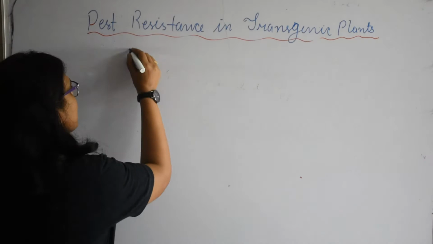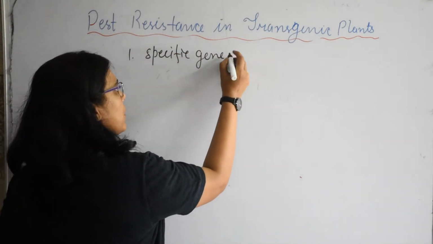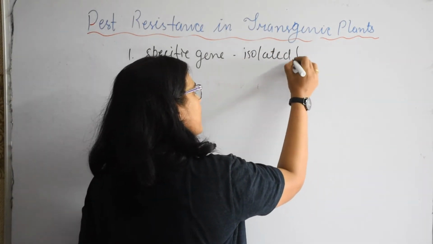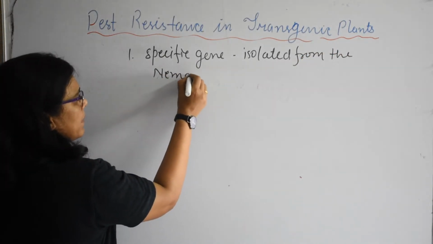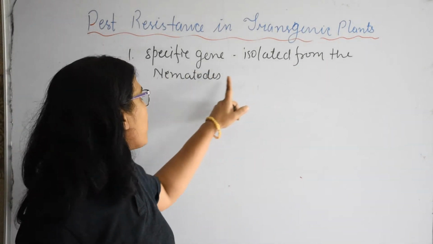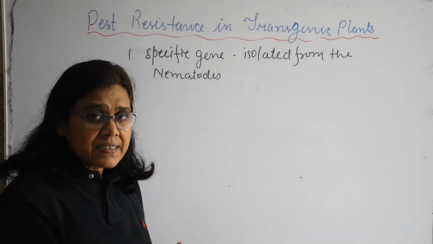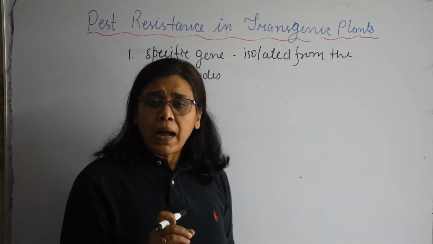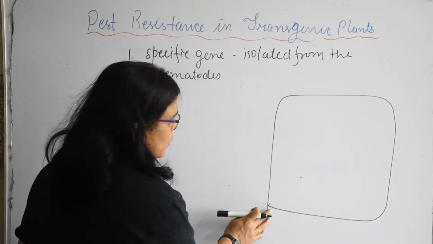First, the specific gene was isolated from the nematode and then it is introduced into the plant cell. Since the nematode is infecting the root of the plant, here I am drawing one root cell.